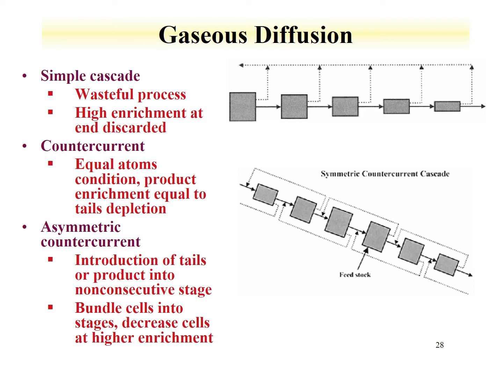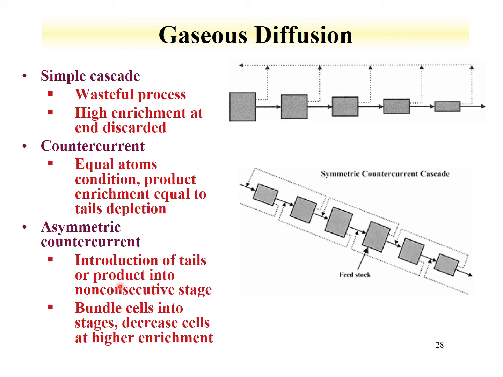Another route is countercurrent, both symmetric and asymmetric countercurrents, where product goes through and the resulting tails get refed into the system. So your feed is moved around straight through, where the tails can be reintroduced.